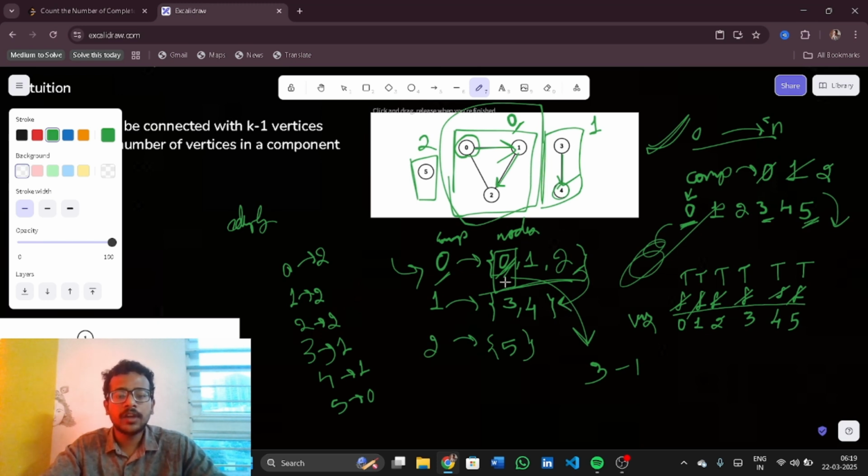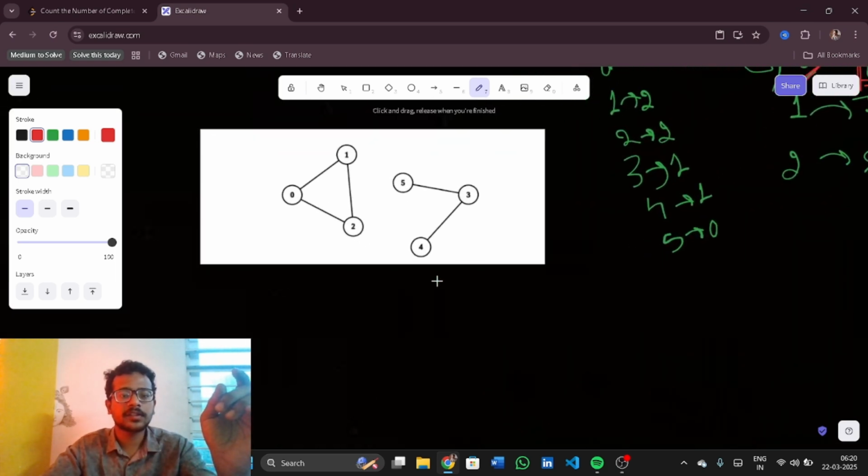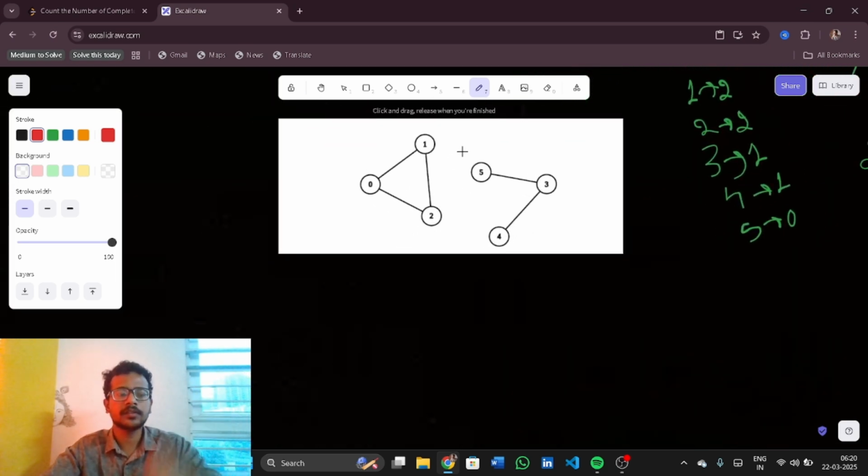Now, if every node in that component has degree k minus 1, where k is the number of nodes, then only increment the answer. So this component is a valid, completely connected component. Using the same thing, let me go through this.